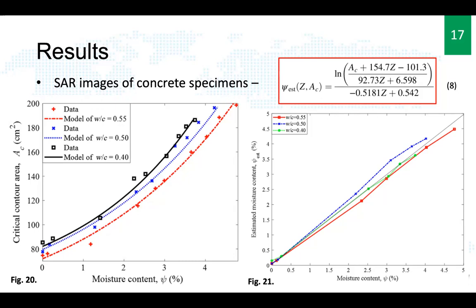However, you can see that the three different curves for 0.4, 0.5, and 0.55 water-to-cement ratios don't follow exactly the 45-degree slope. However, they are very close. From this result, we can see that the 0.4 water-to-cement ratio curve was very close to the 45-degree slope, suggesting that equation 8 has better performance for the 0.4 water-to-cement ratio specimen.